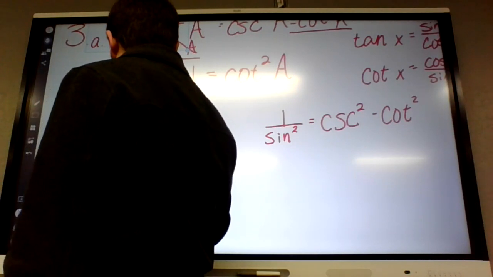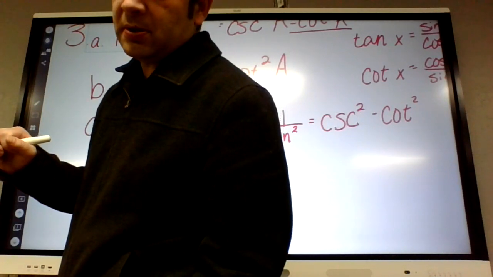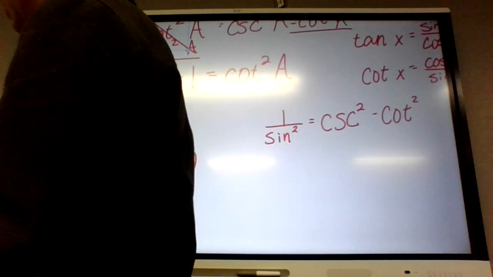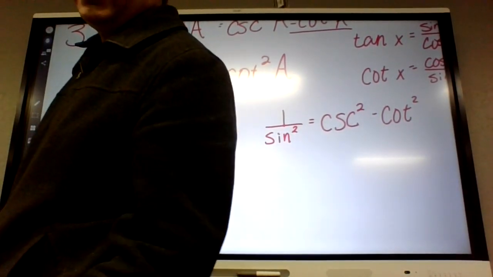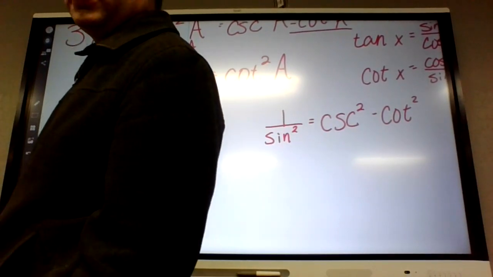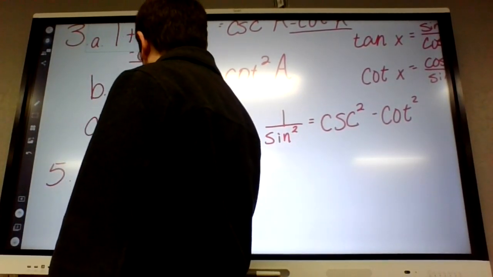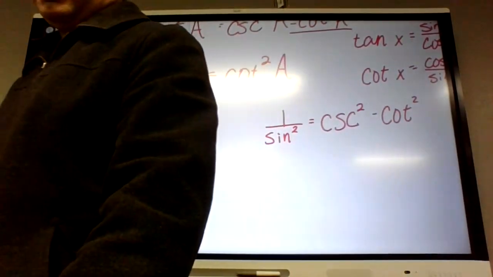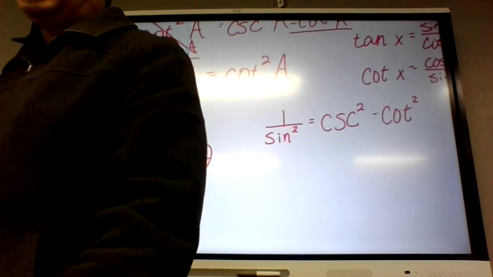But isn't it under 1 over cosine 90 minus theta? Wait, am I looking at the right spot? Oh, I'm looking at the wrong one. Sorry. Cotangent of 90 minus theta is equal to tangent. What problem was I looking at? Oh, I was looking at number 4. Yes. Okay.